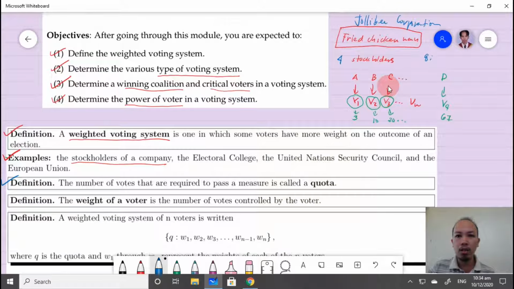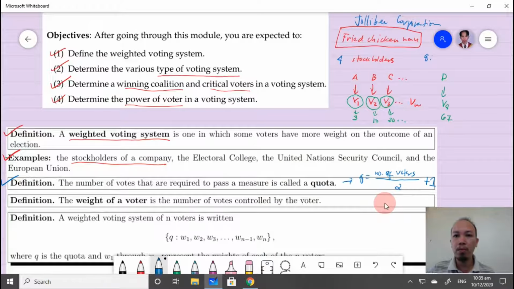This is the formula of the quota. But if the quota is already given, then you cannot change it. If the quota is missing, then use this formula.